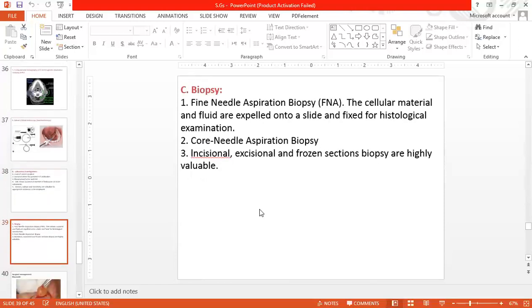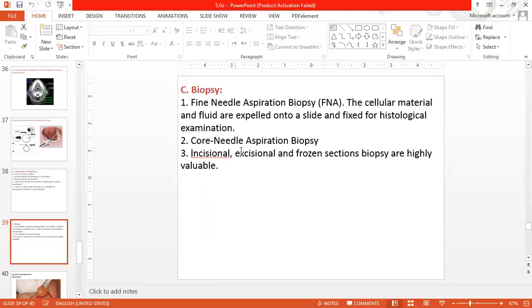For the biopsy, we have fine needle aspiration biopsy, and the aspirated material will be submitted for histopathological examination. We have core needle biopsy, and also excisional and incisional biopsy.